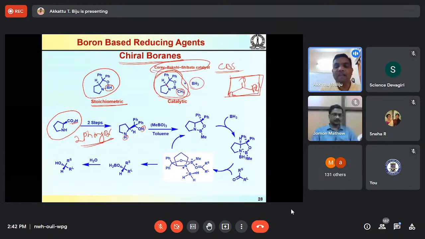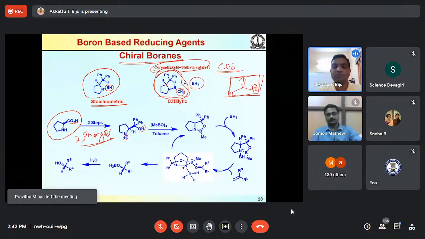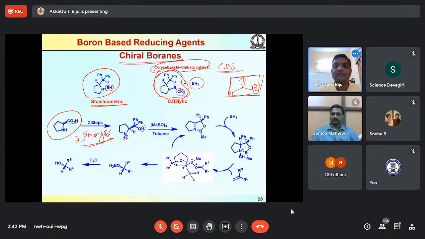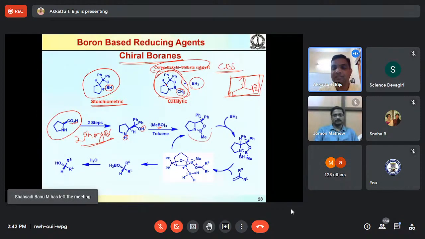And to this amino alcohol moiety, if we add any boron source, because of the electrophilic nature of boron, the NH and OH can coordinate to the central boron species to form this catalyst. In this case, it is a boroxine which is used to generate this catalyst, which is very much stable.